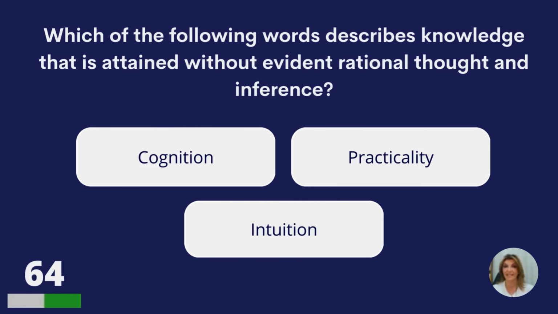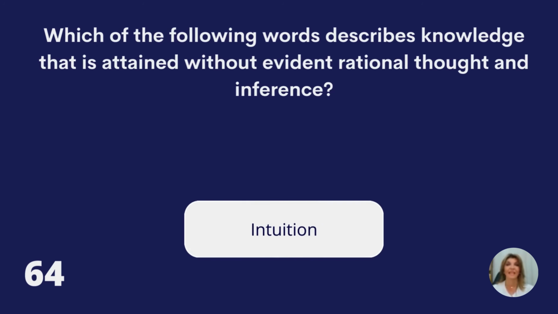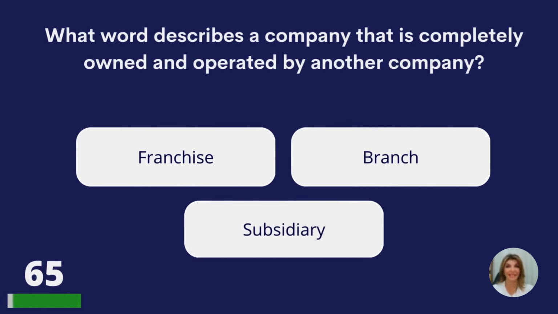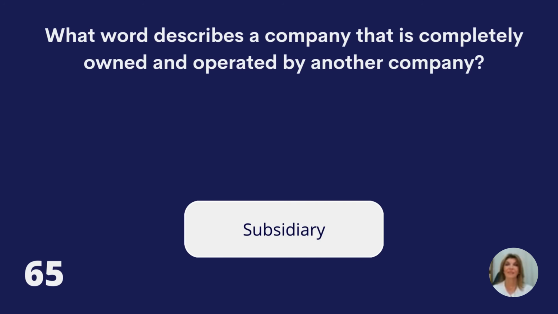Cognition, practicality, or intuition? Intuition. What word describes a company that is completely owned and operated by another company? Franchise, branch, or subsidiary? Subsidiary.